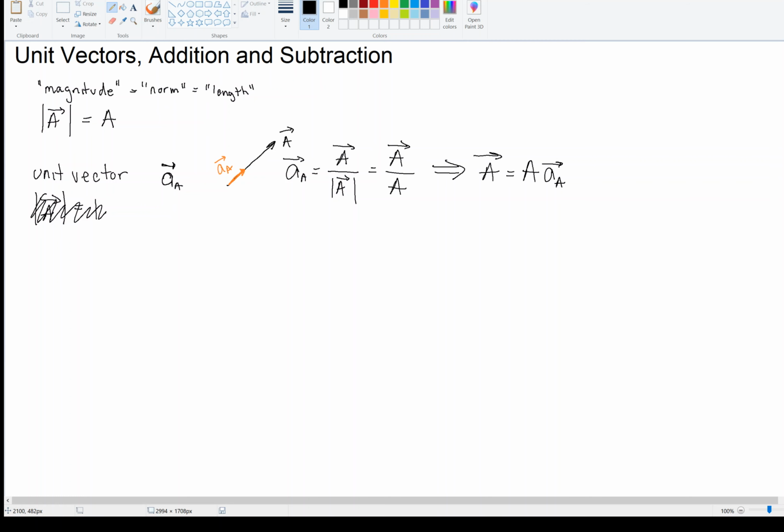Okay, so let's continue on. So I can write then a three-dimensional vector, and I'm just using capital A, why not, right? If it's the first letter of the alphabet.